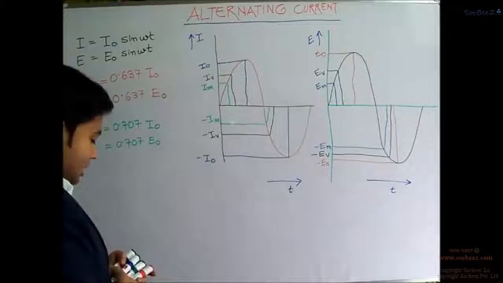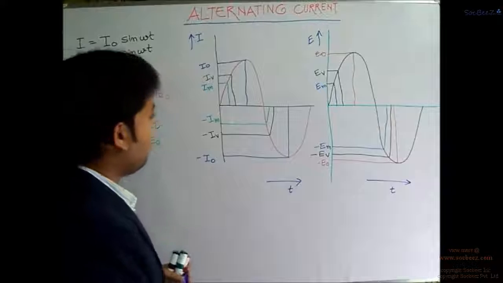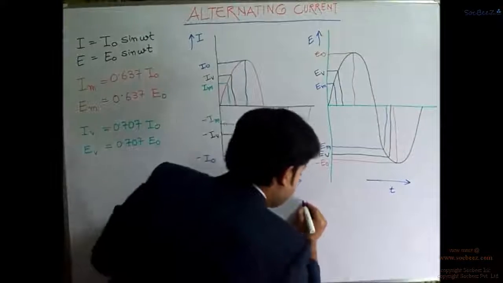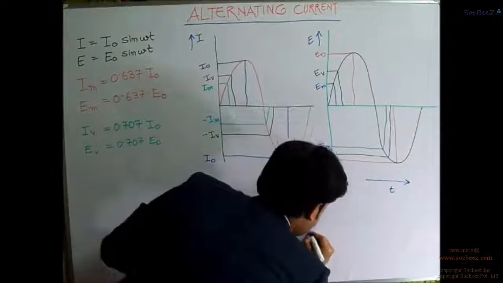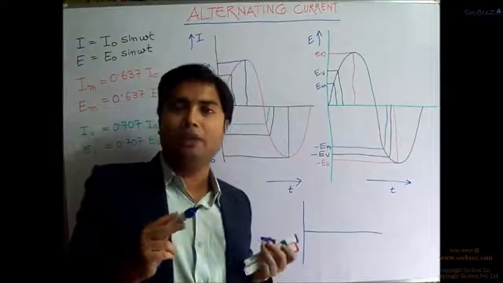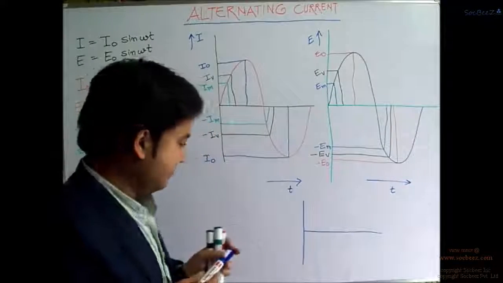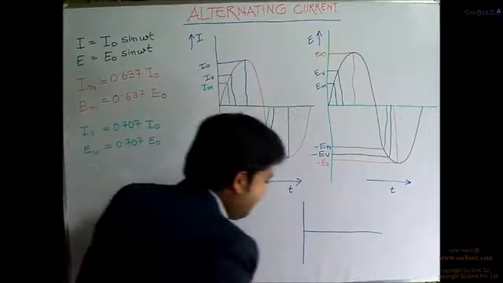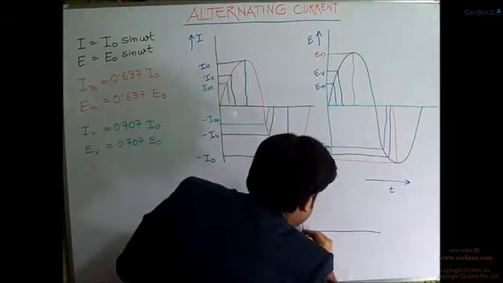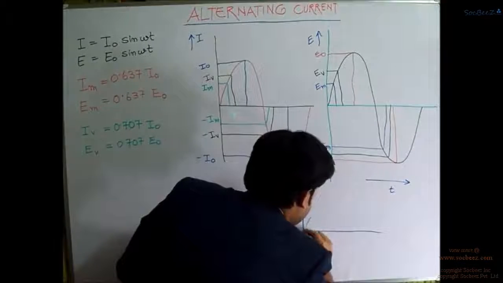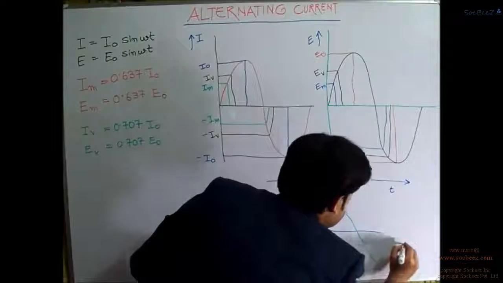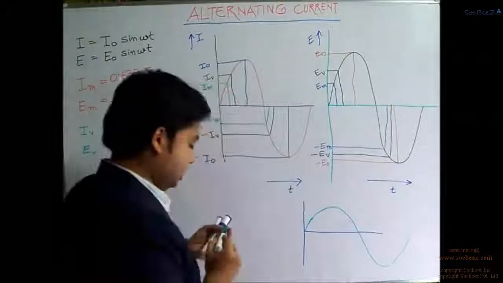Now, for example, we are taking another curve for showing the mean value and the RMS value. Actually, what does it represent? So, for example, we are taking I only, for the alternating current, and this is the curve, right?